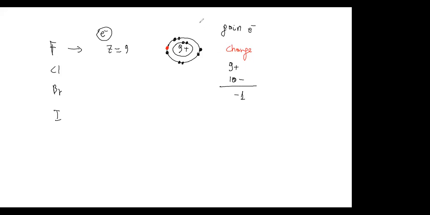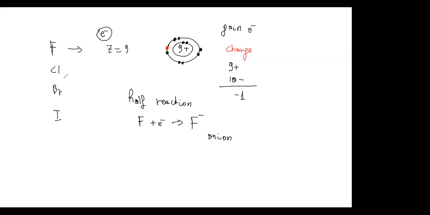So if we write this as a half reaction, fluorine would gain 1 electron, F plus 1 electron, and that would form F negative. Fluorine negative is an ion. It is a negatively charged particle. It forms a negatively charged particle because it gains electrons.